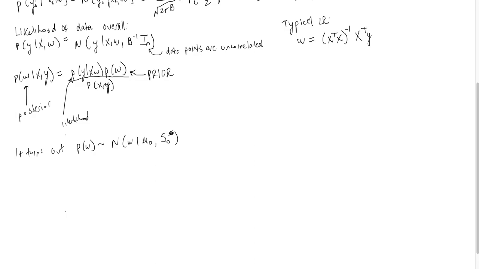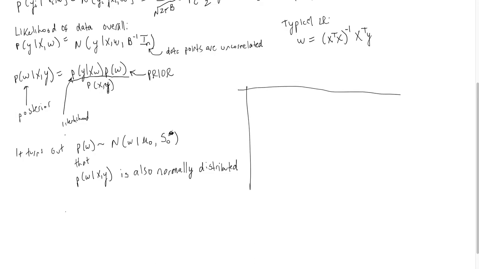And it turns out that if this is the case, and if the likelihood is as above, then the probability of w after having seen the data, the posterior, is also normally distributed. I'm going to go through the derivation of that in a second and show why that's the case. It gets a little bit tedious with the math, so if you're not interested in that proof, you don't have to follow along. But before I do that, I just want to say a couple more things about Bayesian linear regression.